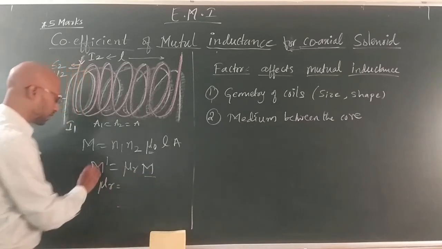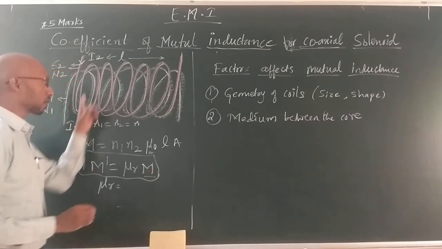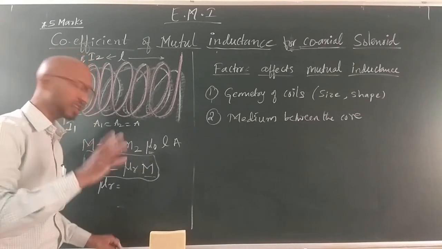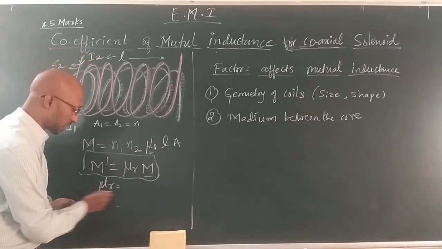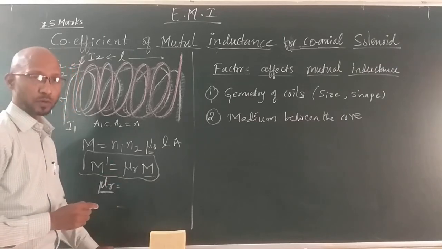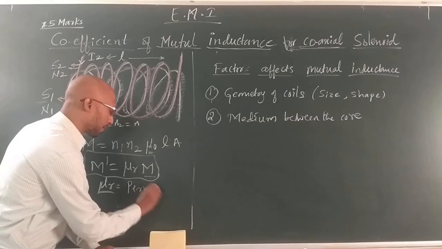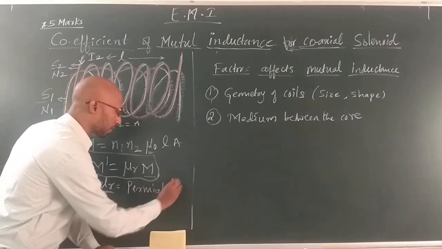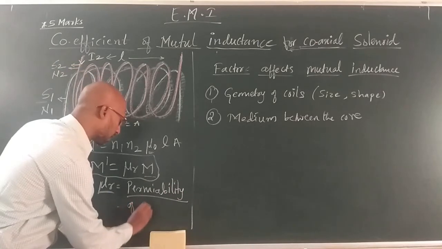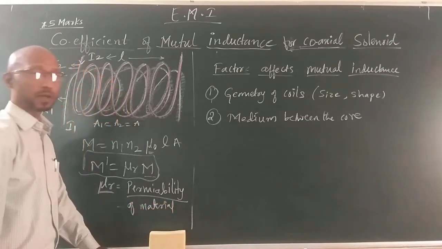Now this is very important to know. If I wind the coil on a soft iron core material, or any other material having a relative permeability mu r, whatever material is selected, the permeability of the material will be given to you.